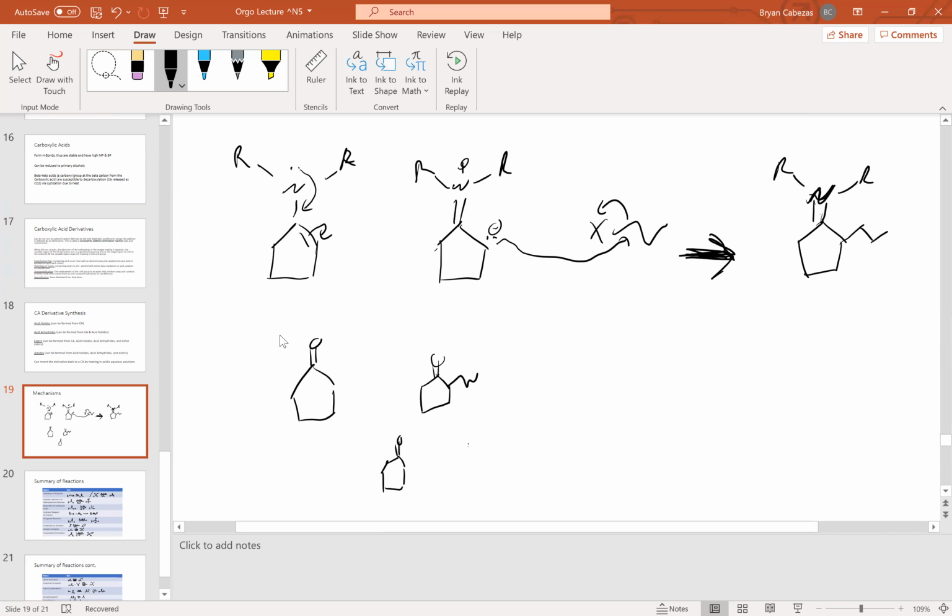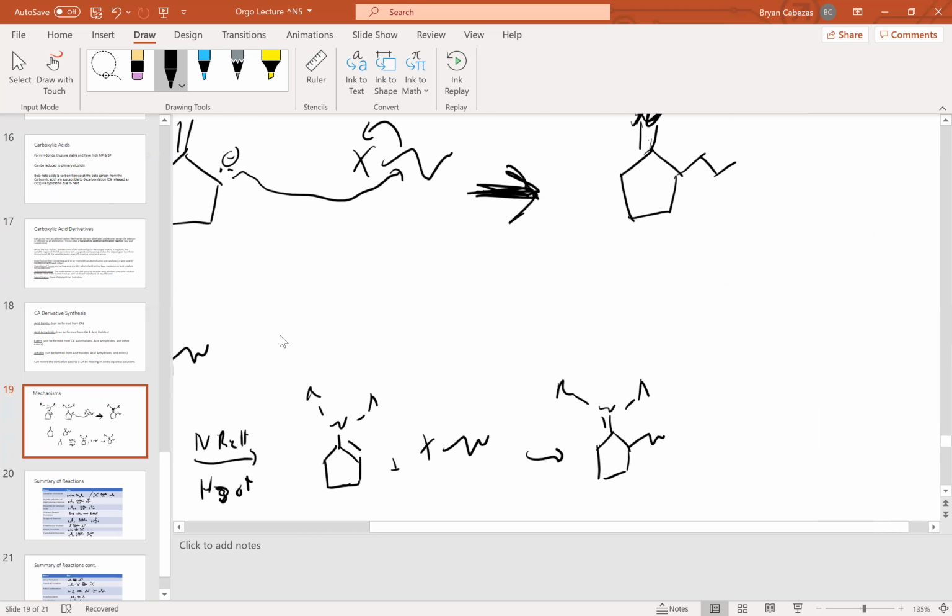So we're going to take a secondary nitrogen, and I have some acid in there, H3O+. We're going to create our enamine, and then we're going to add our, let's say, halogen with the alkane, and then combine those two to form our R group on that end, like such.